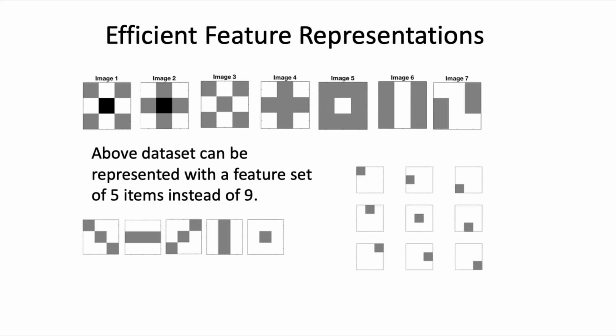So we've found a feature set of 5 basic images that can represent our world of 7 images. And this is more efficient than using the 9 pixel-based feature set, and also more efficient than using the 7 images themselves as a feature set.